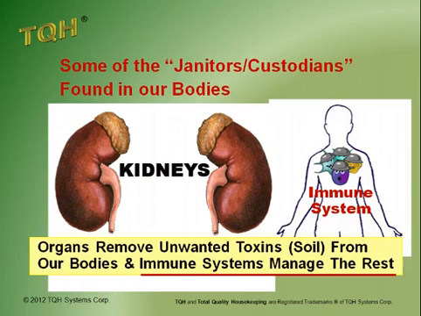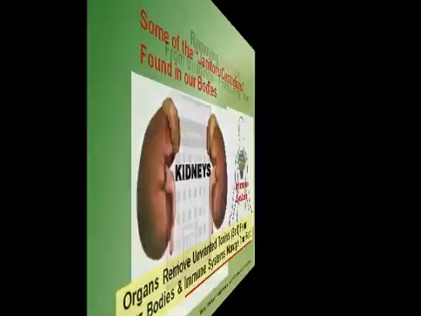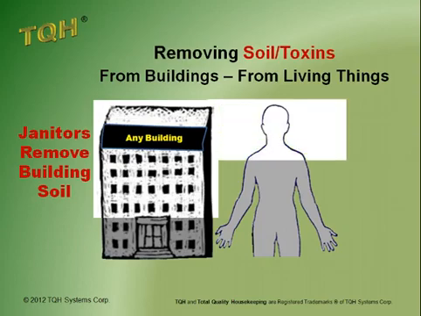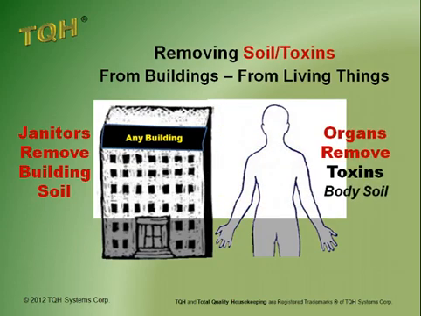What we have to do is allow the immune system to function and not get overrun. So in a building, a janitor removes the building soil down to a level that a body can handle, the same way the organs do. A janitor doesn't have to have a sterile building and be perfect, nor do the organs deliver a sterile body.